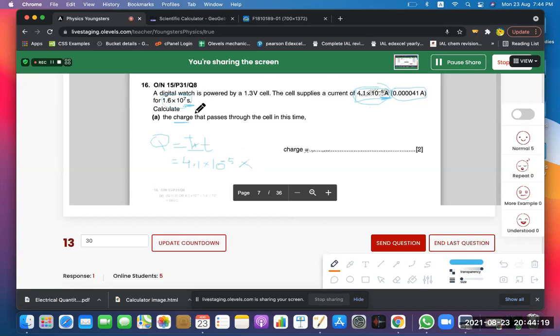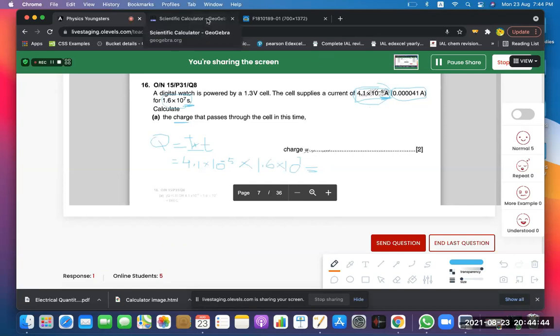So here the time t is 1.6 multiplied by 10 to the power 7. And I will write it down in the calculator, and I will get the answer. This is what I have to do in the calculator.